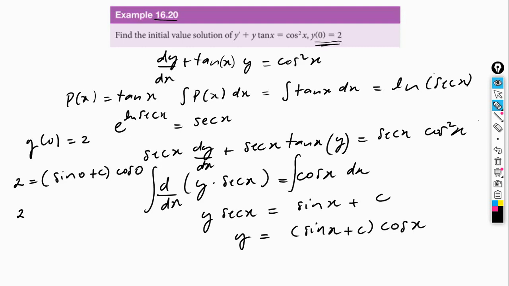So this is going to be 2 is equal to c, right? Because sine of 0 is 0 and cosine of 0 is 1. So that means that we have the initial value solution of the differential equation. It's going to be y equals sine of x plus 2 times cosine of x.